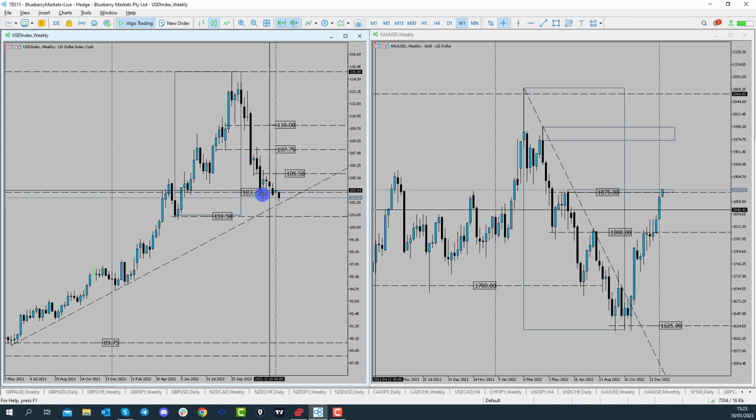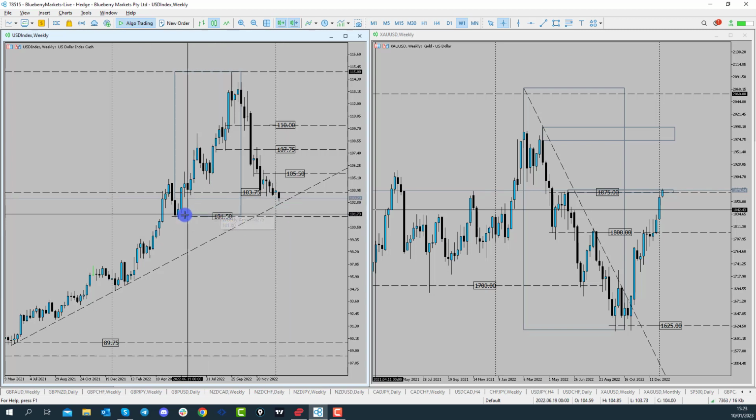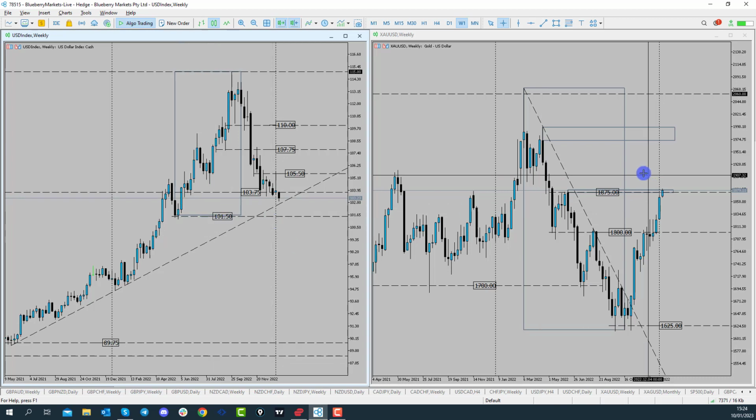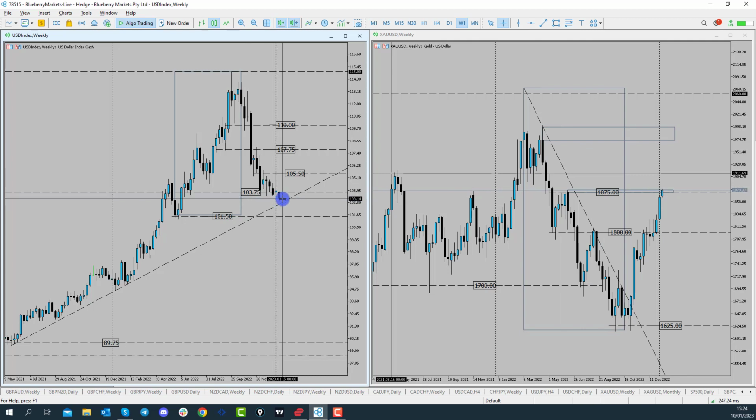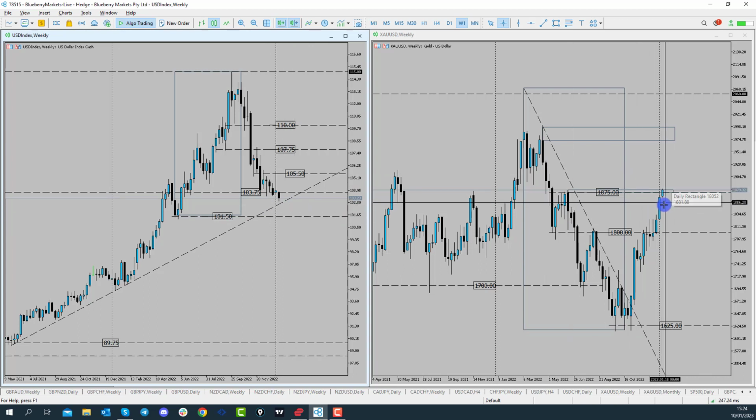We talked about a break below the 103.75 and the 103.50 handle could be a problem for the dollar, and it could signal further downside for the US dollar, with the 101.50 handle being the lows back in May last year. Now the 103.50 hasn't held, and price is now trading at 103.23. Could that signal that gold is actually going to trade through the $1875 level?